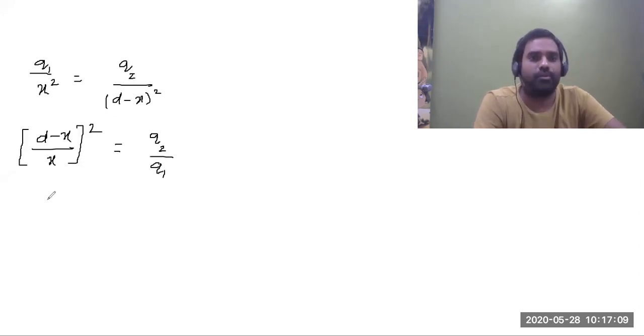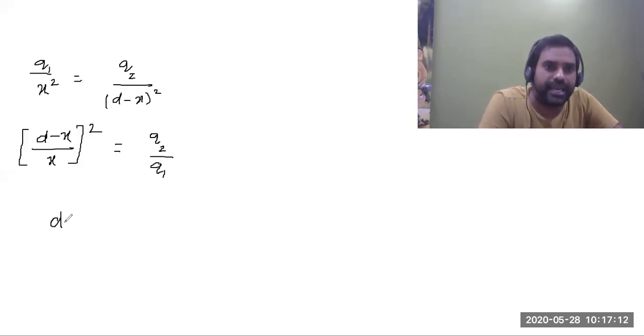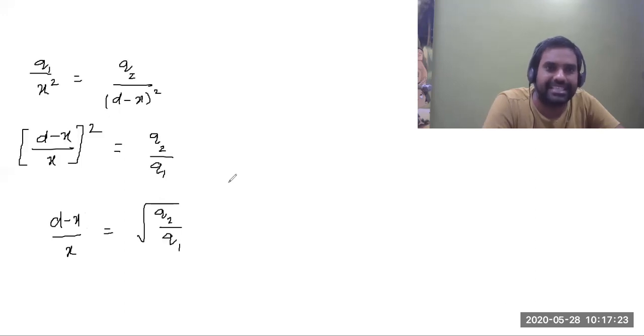Now here, (D minus X) by X is equal to the under root of Q2 by Q1. I hope you make X the subject. On making X the subject, X is finally equal to D by (under root of Q2 by Q1 plus 1).